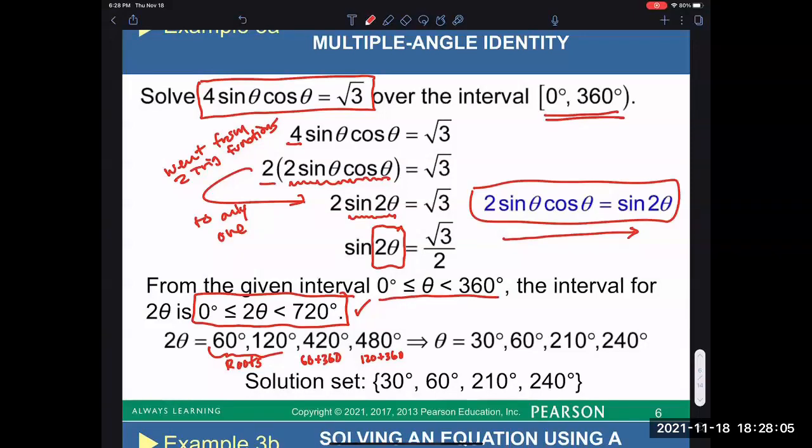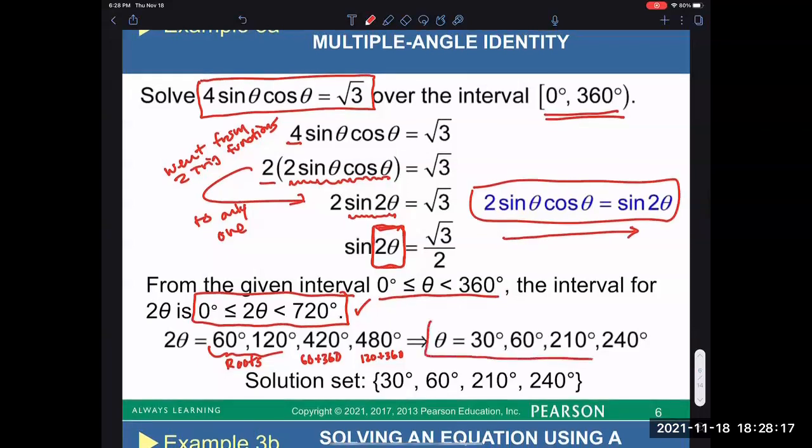That tells us what 2 theta needs to be, but we're supposed to solve for theta, so we divide everything by 2, and those 4 answers for 2 theta translate into these 4 answers for theta: 30, 60, 210, and 240. And that's the solution set.